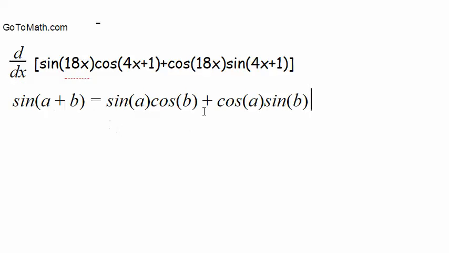And by knowing this, we can collapse all of this down.